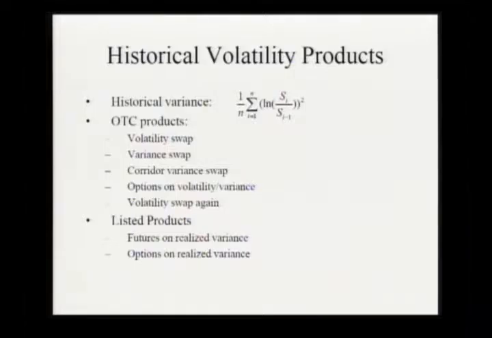So itself is affected by the notion of volatility, which means it becomes model dependent. So you have corridor variance swaps, where you will accrue this quantity only when you are within two levels, and you have options on those quantities, and in terms of listed products, actually those I think are defunct now.